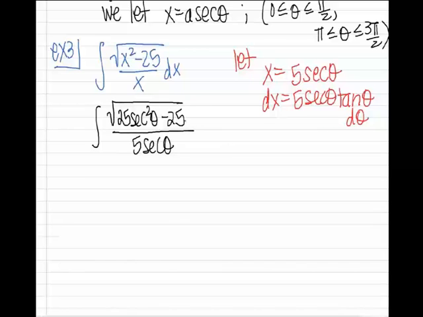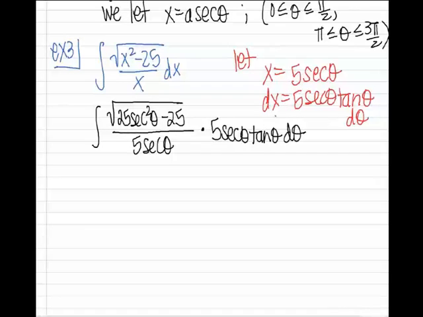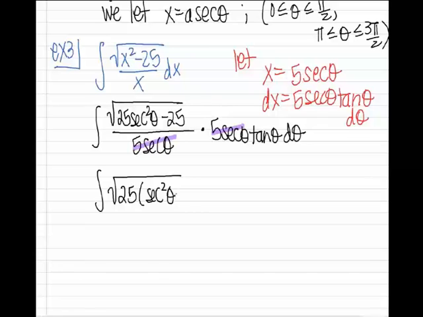And see, if you're sloppy and don't write the dx up here or down here, you're going to miss this whole last part, which is 5 secant theta tan theta d theta. It is a big thing to miss. We can cross out the 5 secant theta. We can factor out a 25 and have ourselves a secant squared theta minus 1.